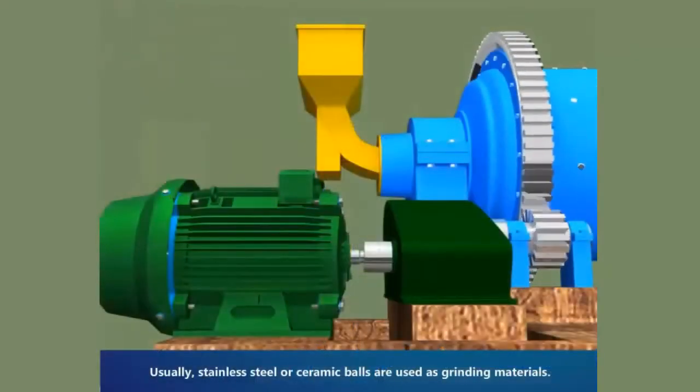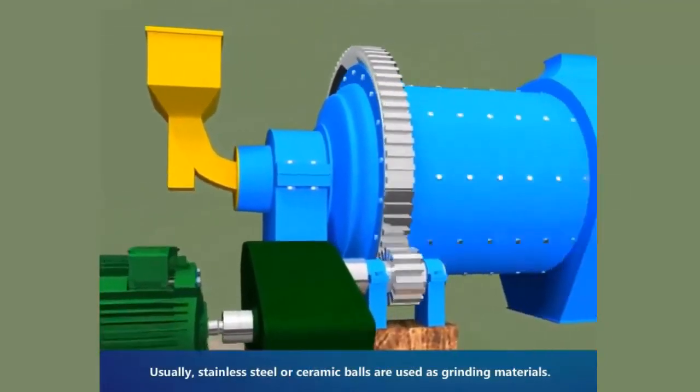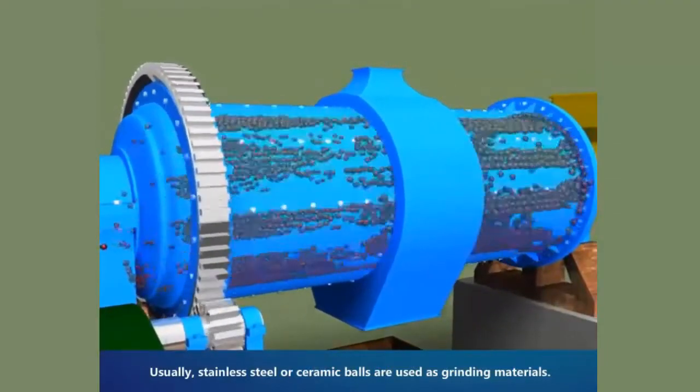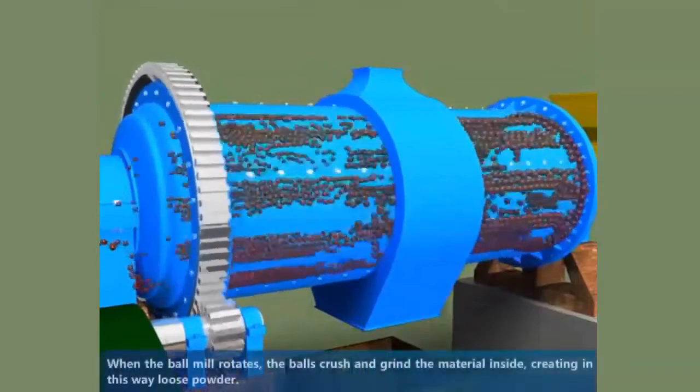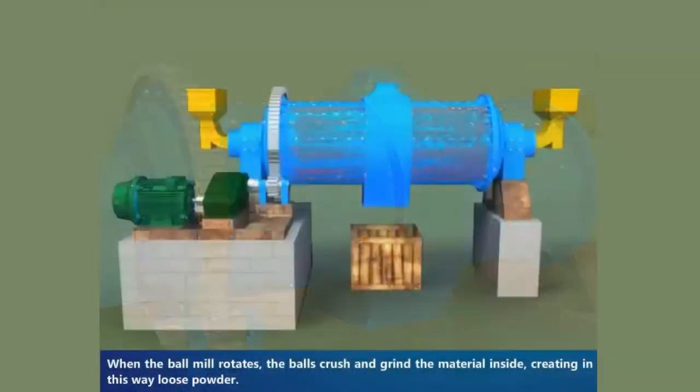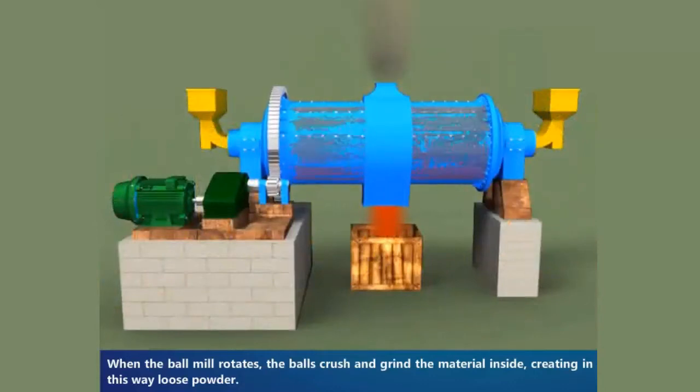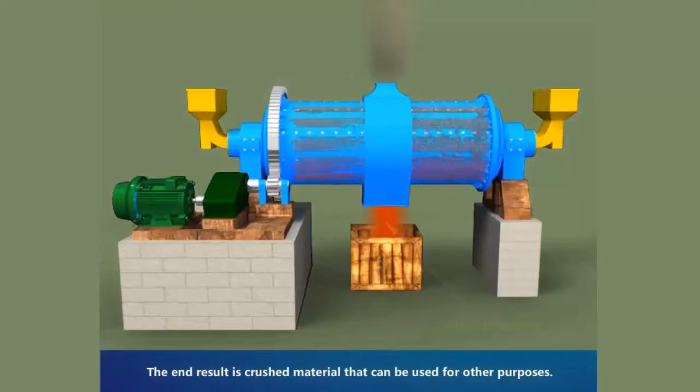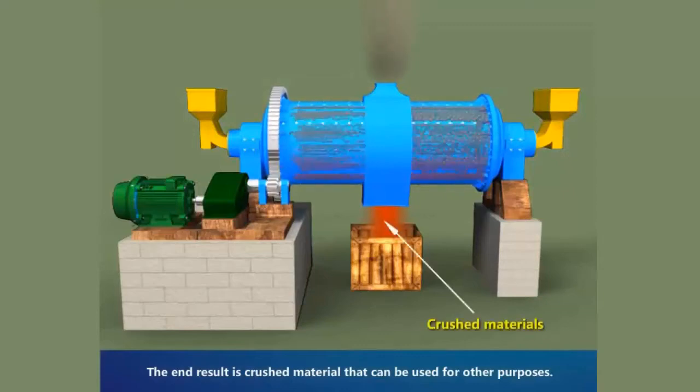Usually, stainless steel or ceramic balls are used as grinding materials. When the ball mill rotates, the balls crush and grind the material inside, creating loose powder. The end result is crushed material that can be used for other purposes.